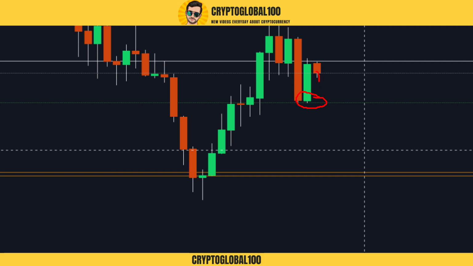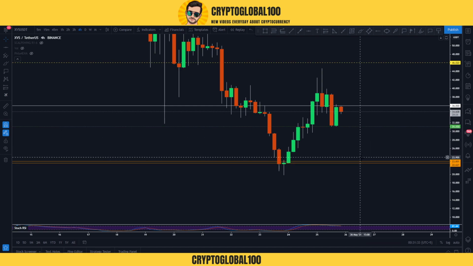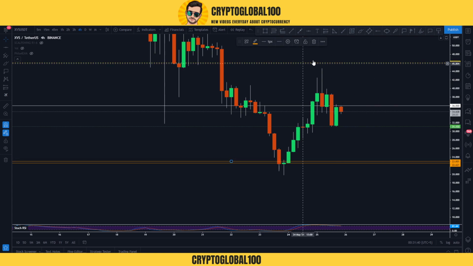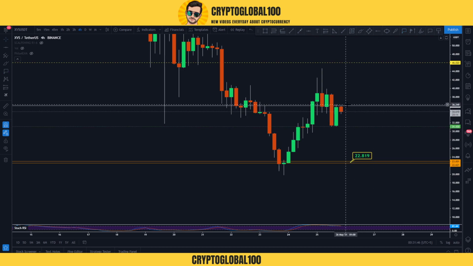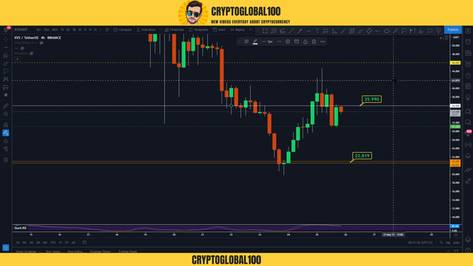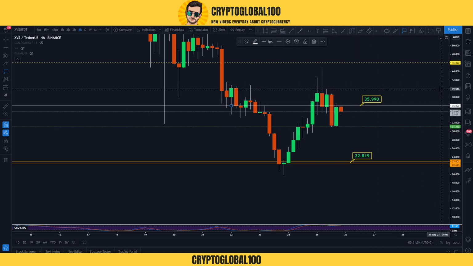If the candle falls below this one, then surely we are going to test this area, which is $22 to $23. This is the local spot. Let me draw here. Okay, this one, $22.